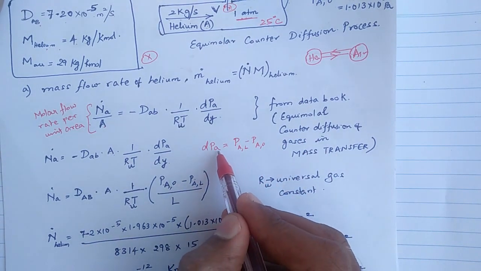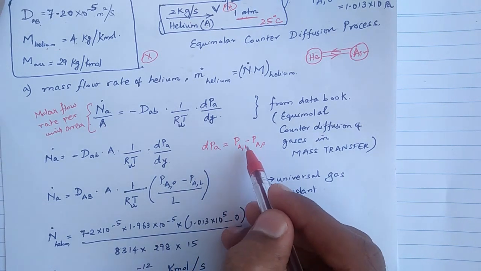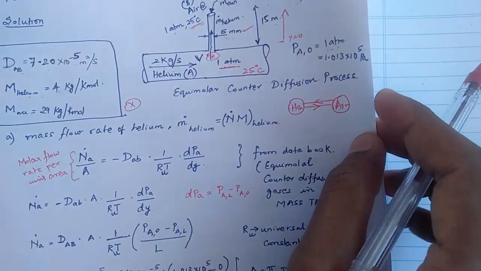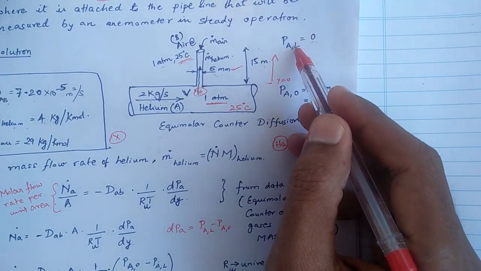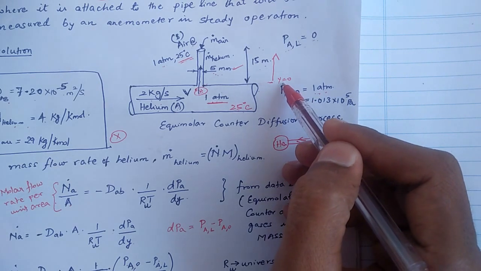So this dP A is the difference in pressure of helium gas at the two extremities, at a distance 15 meter and at the distance y equal to 0.